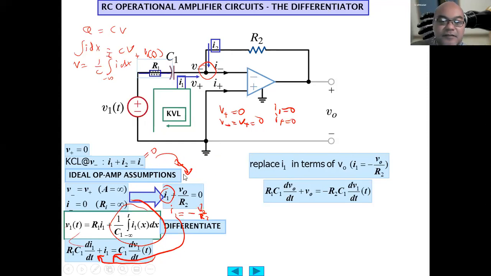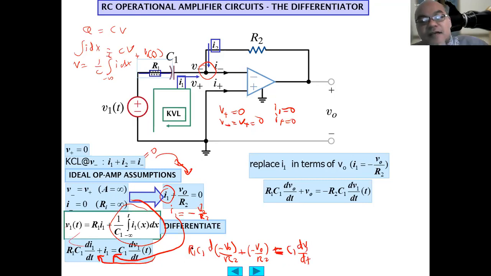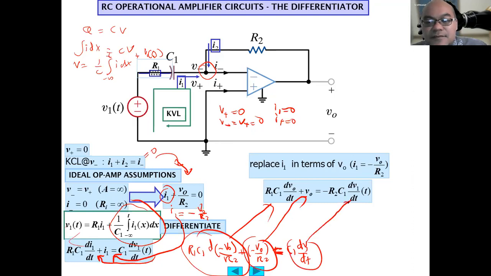So let's calculate it one by one. This part becomes R1 C1 d minus VO over R2, plus minus VO over R2, equals C1 dV1/dt. Multiplying by R2, minus with minus, these terms become this term, and this one becomes this one.